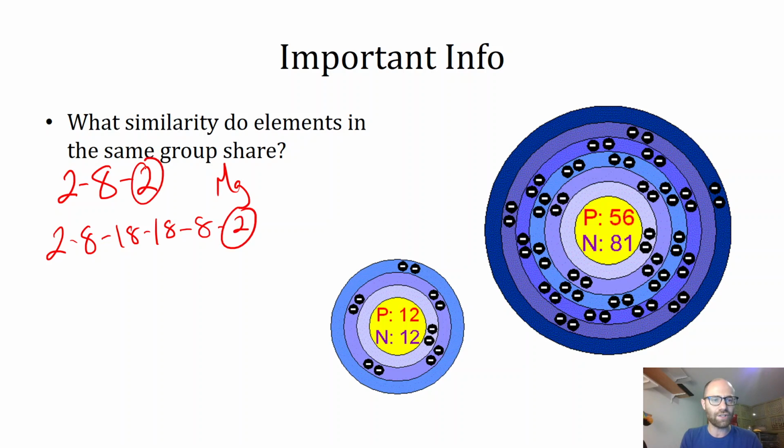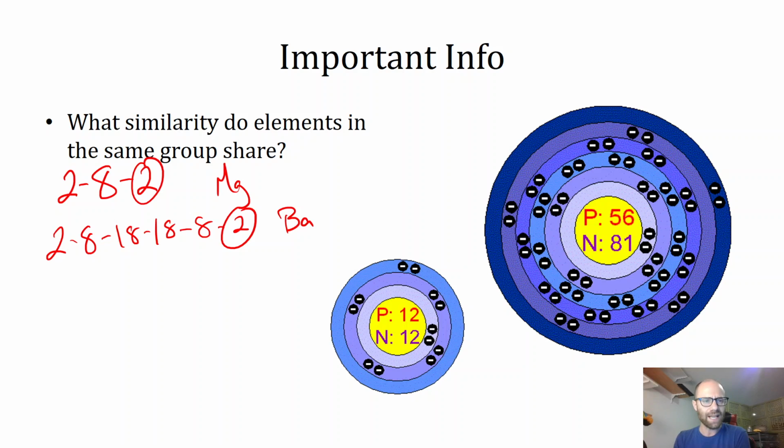And it's that valence shell that really ties them together as being in the same group. We also said that they behave chemically similarly, as in they'll make formulas with certain other elements in the same ratio as each other.